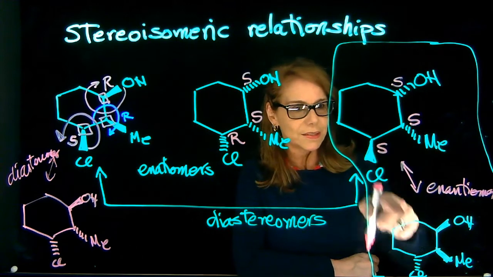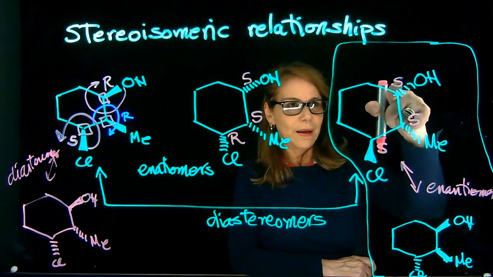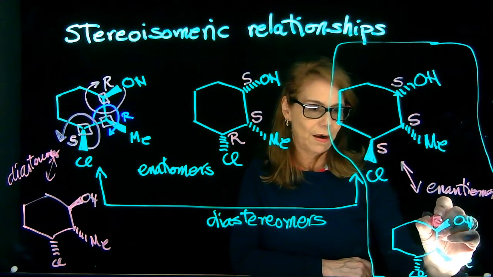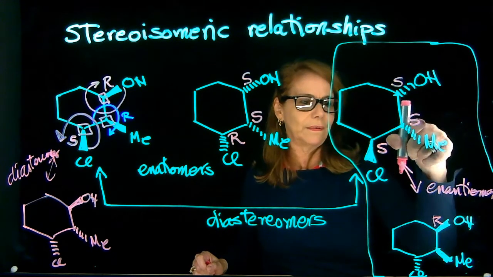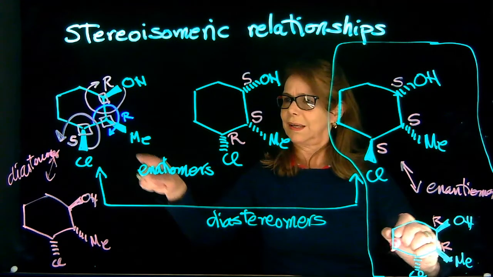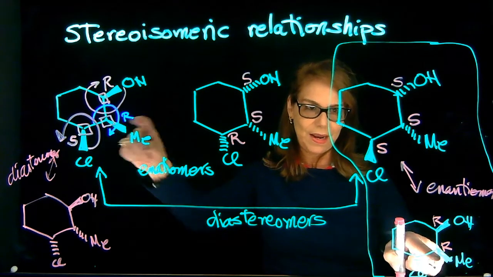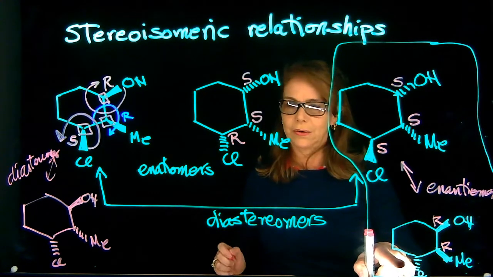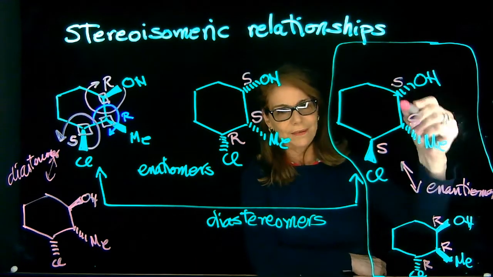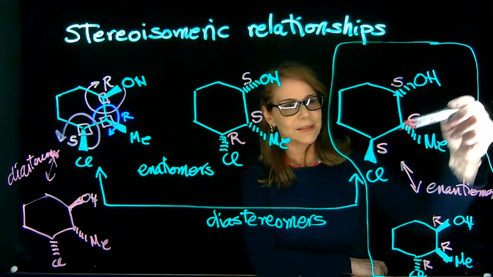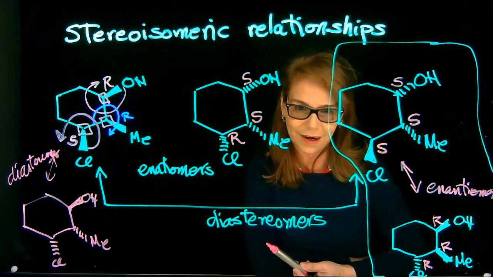And since these two are enantiomers, if this is S, this is the R, and I have it here, and this is S, this is the R, and again I have it here. And now chlorine here is the same as that, so it should be R. And notice that for the two enantiomers, this is SSS and this is RRR.